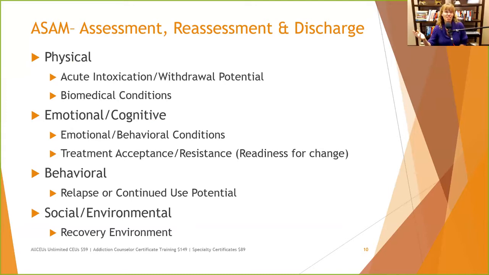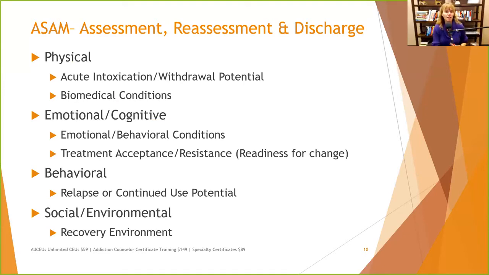And biomedical conditions: hypothyroid, diabetes, lupus, fibromyalgia, any of those medical conditions that we talk about so frequently that could contribute to the presenting issue, depression, anxiety, whatever it is, or complicate the recovery picture. We want to address those, so we have a treatment plan to help make sure that that doesn't interfere with our treatment progress. So we may need to bring in a medical professional to consult on this.